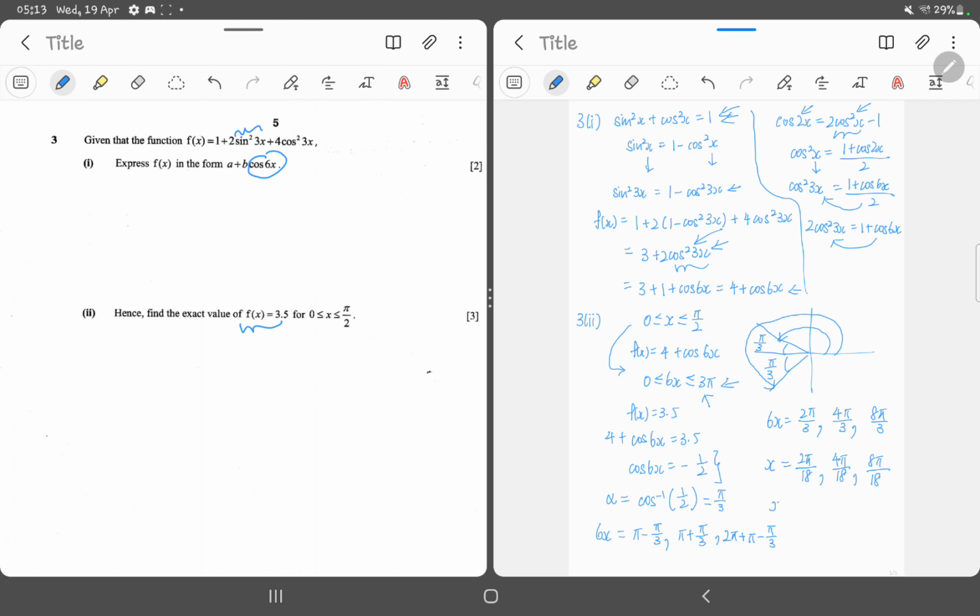That simplifies to x equals pi over 9 radians, 2 pi over 9 radians, and 4 pi over 9 radians. And yep, we are done. That will be for question number 3.